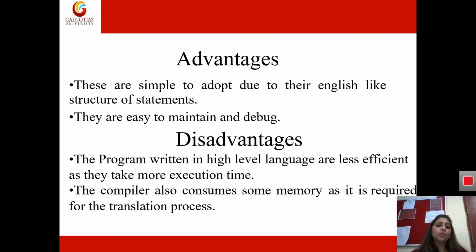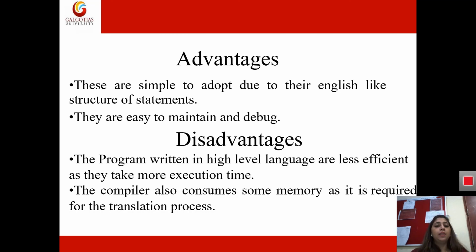Then we have the disadvantages. The programs written in a high level language are less efficient, and they need more execution time, again for the same reason. All those codes and instructions written in a high level language have to be translated into the lower level language so that a computer can understand them, and those translations take time for execution.